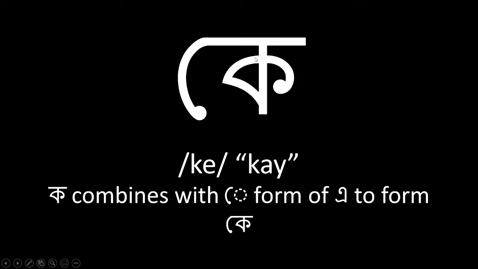This is ke. Ke is the form that we get when we combine the reduced form of this vowel e, which is this symbol here, with the consonant ko, and we remove the inherent vowel from the letter ko and combine it with this symbol here, which in this case goes before the letter.